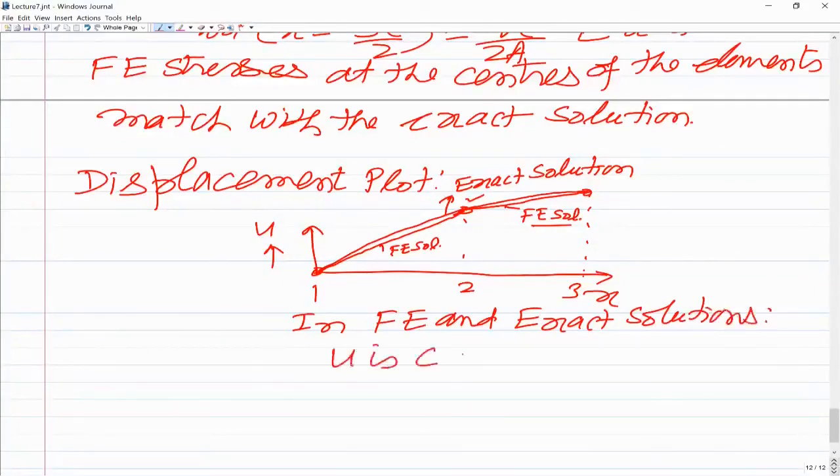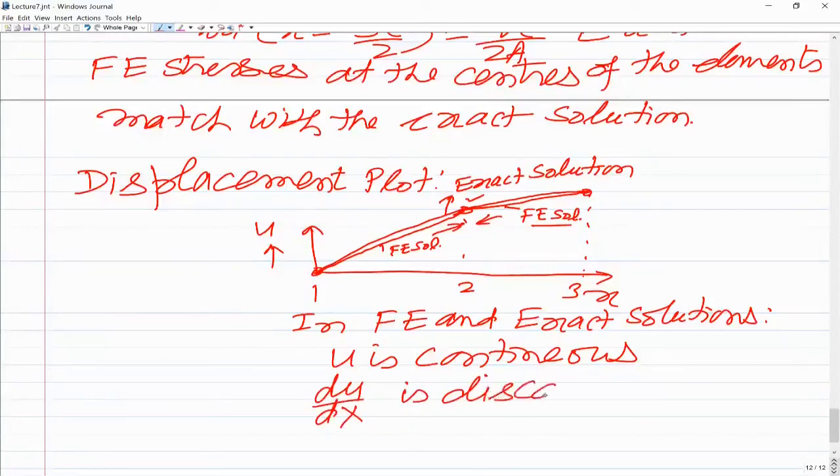Particularly at node 2, we get the same value of u whether we come from element 1 or element 2. During assembly we have imposed this continuity, and therefore we are satisfying this. But if you look at du by dx, it is discontinuous at node 2 in the FE solution, but it is continuous in the exact solution.